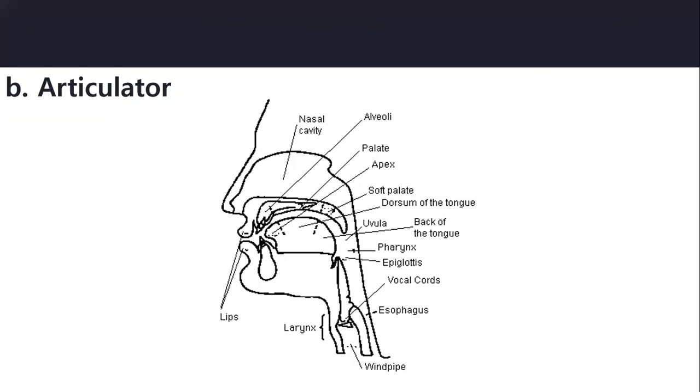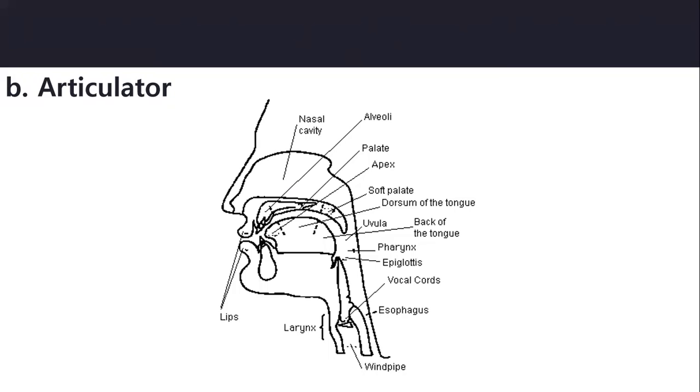We have the nasal cavity, the alveolar ridge, the palate, the apex, the soft palate, the dorsum of the tongue, the uvula, the back of the tongue, the pharynx, the epiglottis, the vocal cords, the esophagus, the larynx, the windpipe, and finally the lips. You don't have to remember all of these as they are, but keep in mind that there are specific speech organs to make specific sounds and to utter specific pronunciations.